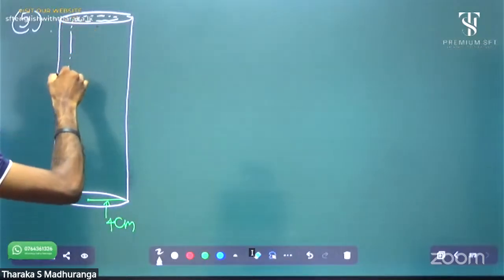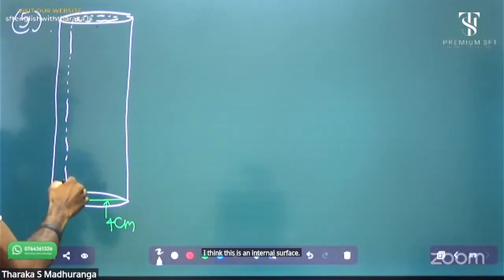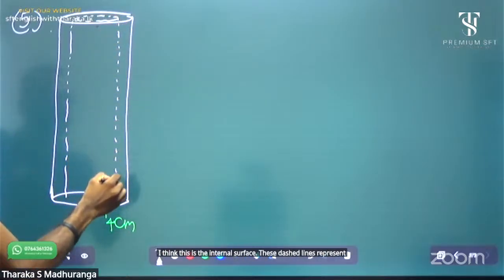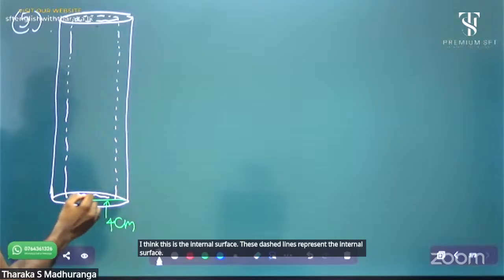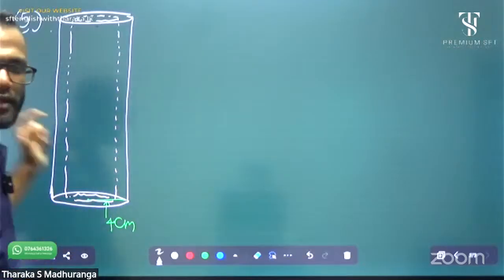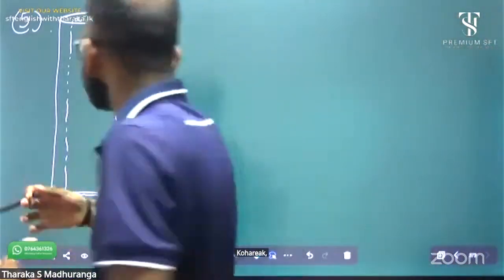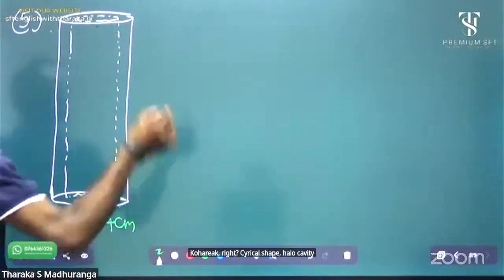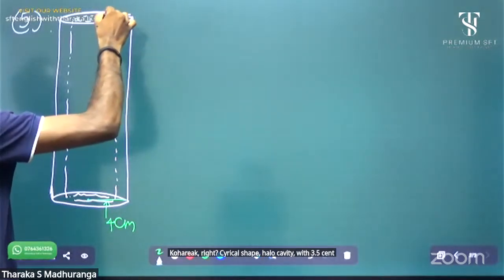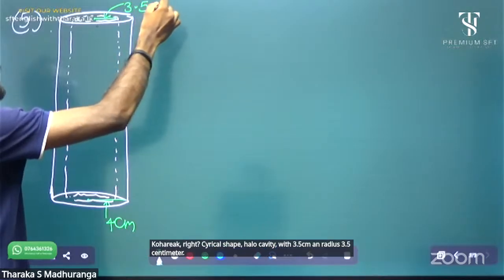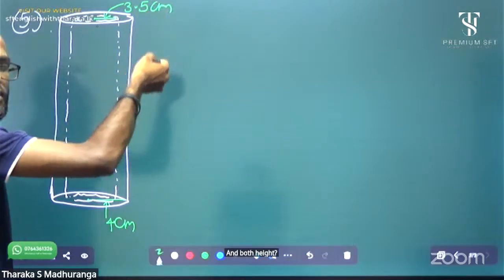I think this is the internal surface. These dashed lines represent the internal surface. It has a cylindrical-shaped hollow cavity with radius 3.5 centimeter, and both heights are 20 centimeter.